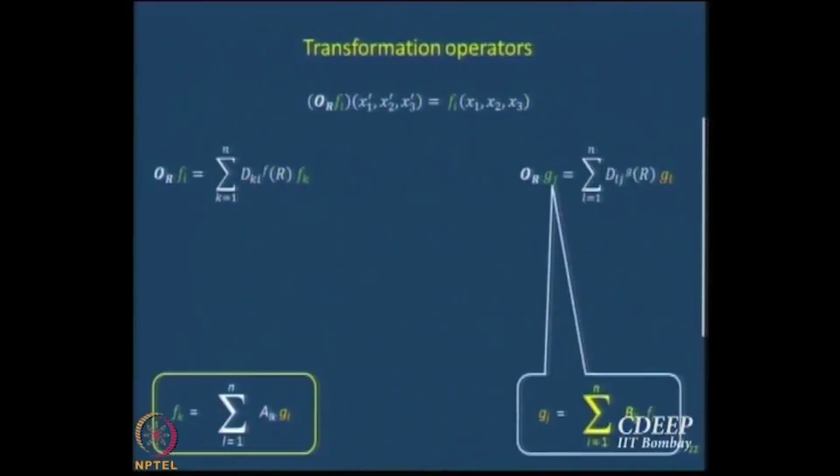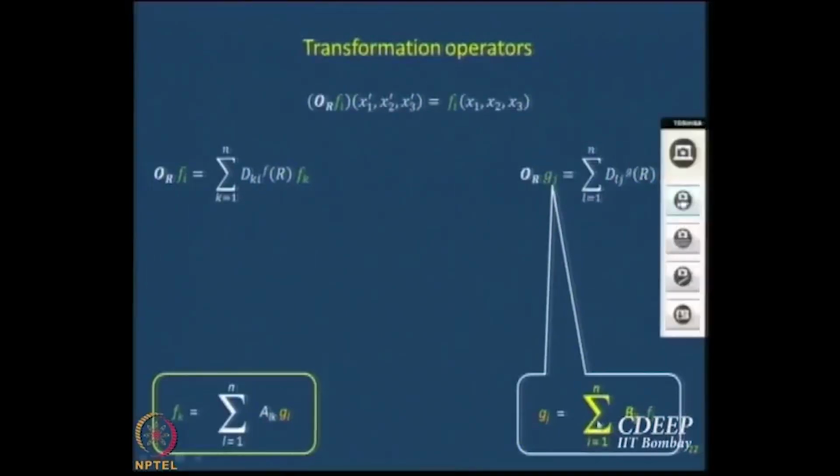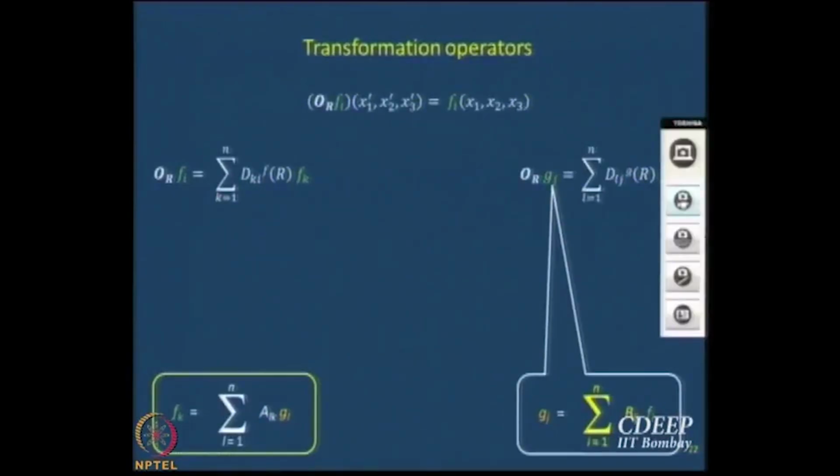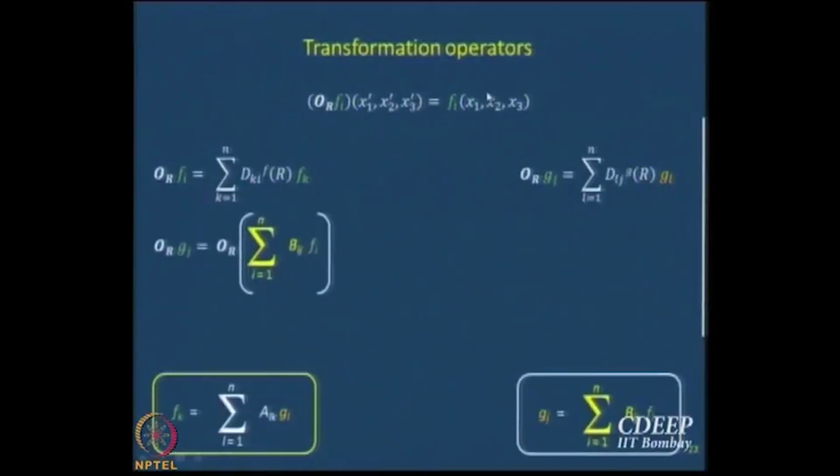To simplify this problem, I can simply, not simply, I can substitute Gj in OR Gj by the expression that we know, right. If I do that, what will the left hand side become? OR Gj.